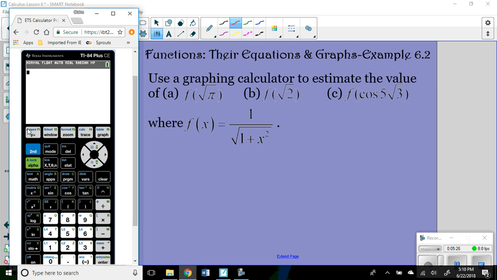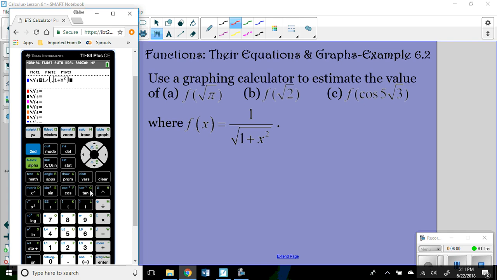So we need to go to y equals. If you have anything in there, you need to hit clear and then enter, and then clear and enter. Then I'm going to go back up to y1 and plug in my function: 1 divided by, and I'm going to put parentheses, then square root of 1 plus x squared, and then close parentheses.